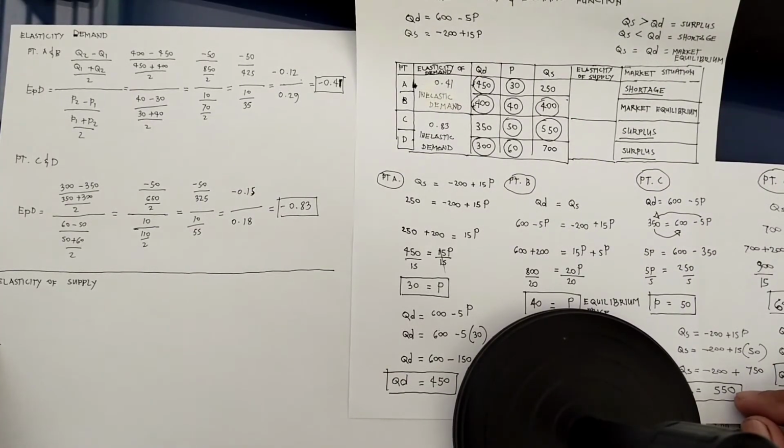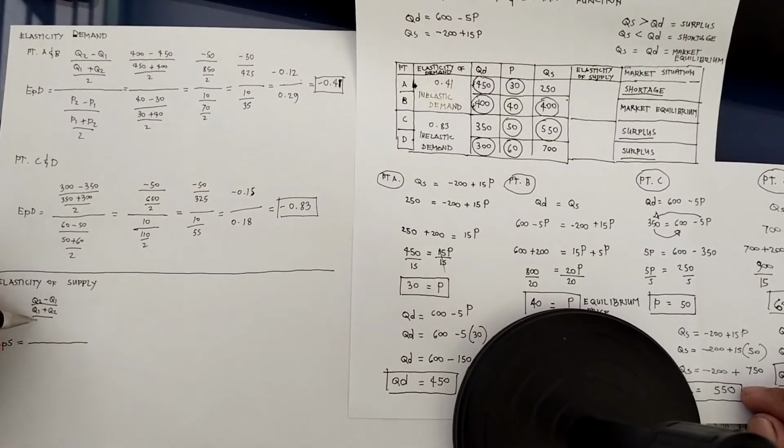That would be EPS, elasticity of price supply. So still the same: Q2 minus Q1 over Q1 plus Q2 over 2, divided by P2 minus P1 over P1 plus P2 over 2.